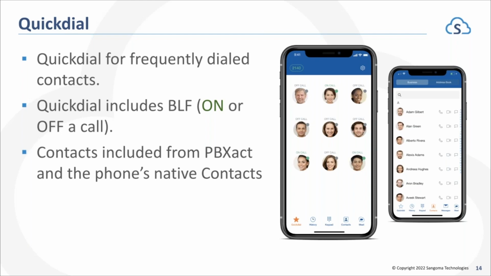BLF is busy lamp field, which is going to identify which of your coworkers internally are available from a presence standpoint, if they're available, if they're on a call, if they're off a call. It's also going to allow for simple one-click calling to those additional users and extensions.